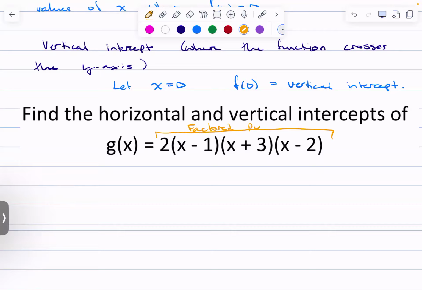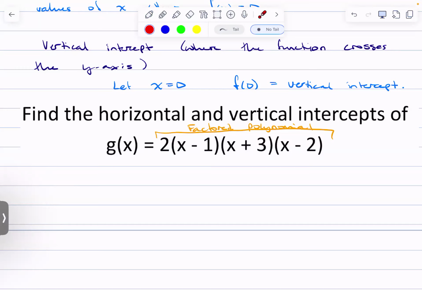But a factored polynomial is going to be easier to work with for finding the graphical attributes. Why? Let's start with the vertical intercepts.